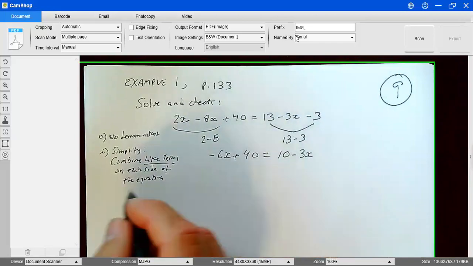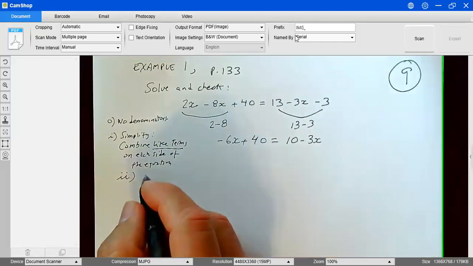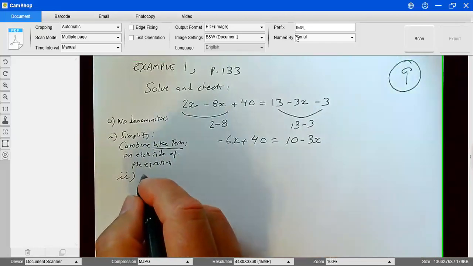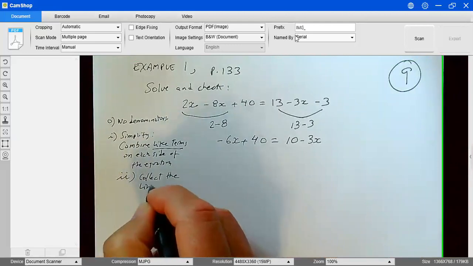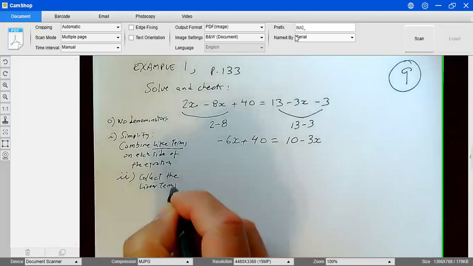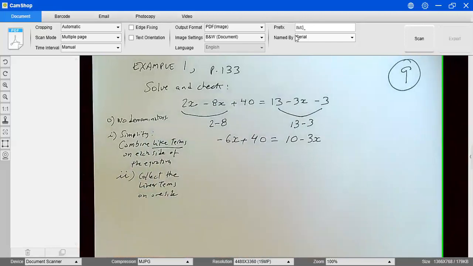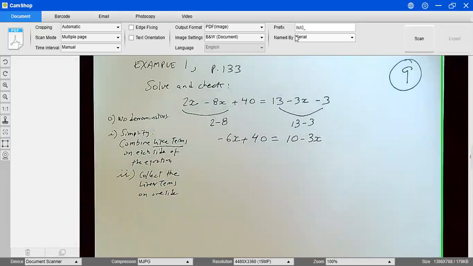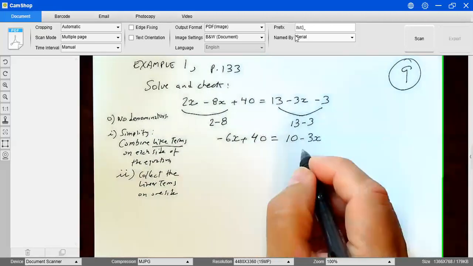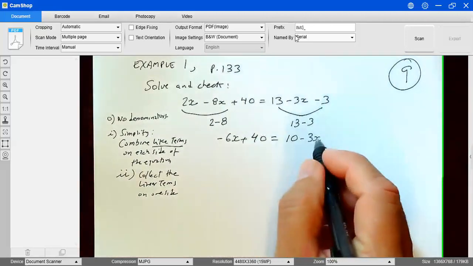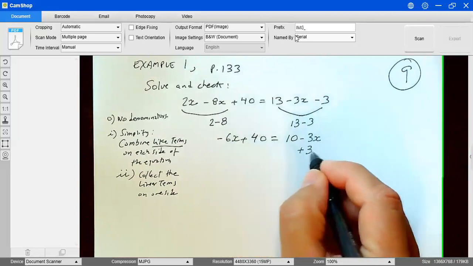Now our next step is to collect the linear terms on one side. How are we going to do that? By the addition property. In this case, we need this linear term on the left-hand side, so we're going to add 3x.